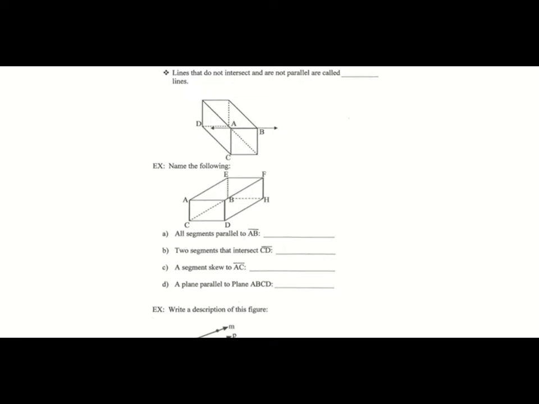Another type of line we could have is if we have lines that do not intersect, so like parallel lines, they're never going to touch, but they're also not parallel. They're not right next to each other. Those are called skew lines. And if we want to look at an example of skew lines, if we have this rectangle right here, you could imagine it was a box. If we look at AB, which is drawn in for us already, AB across the top, a line that is skew, that is not parallel and is never going to touch AB, would be CD right here.